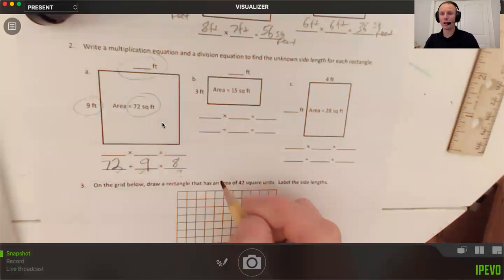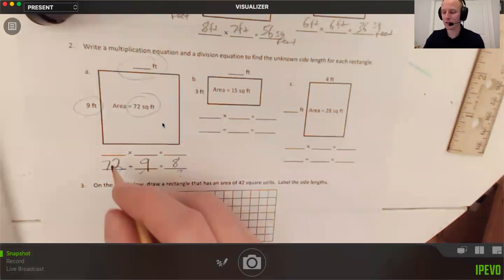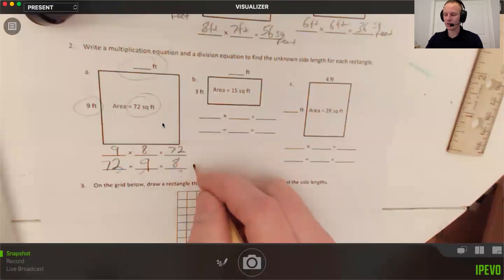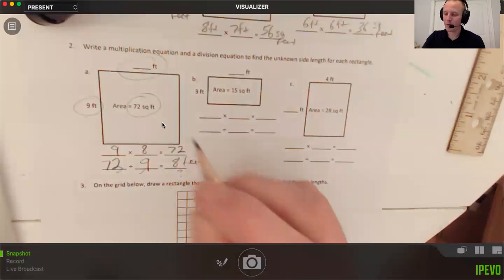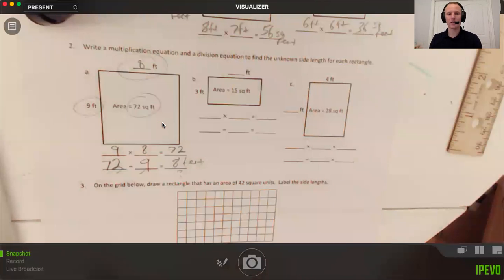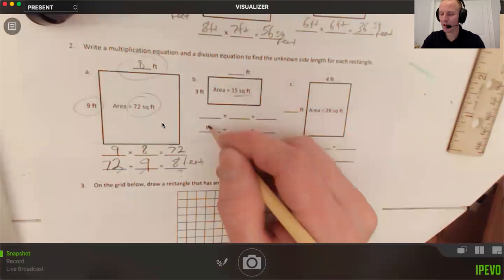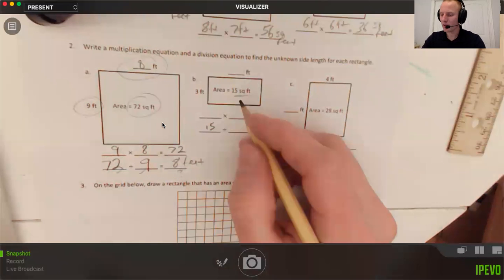Well, how do you know that, Mr. Brunel? Because I know the turnaround fact is 9 times 8 is 72, right? So I use the turnaround fact to help me, which is why you have both of them on here to double check your work. In this case, 15 is my total, so I'm going to put 15 in the division sentence.